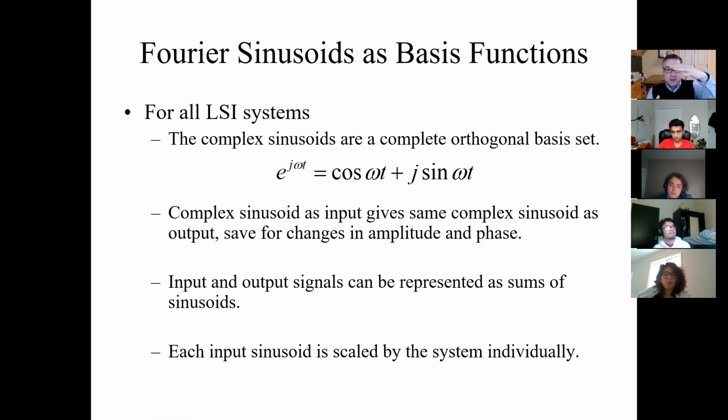My system is linear, so I can break it down that way, and the output will be the system output for each of those individual sinusoids. The sinusoids proceed through the system unchanged except for scaling. So think of the system as essentially breaking this signal into all of its frequencies, scaling each one individually, and then putting them all back together. And that is a model for what linear shift invariant systems are doing.